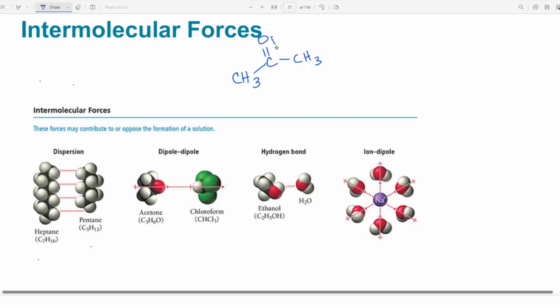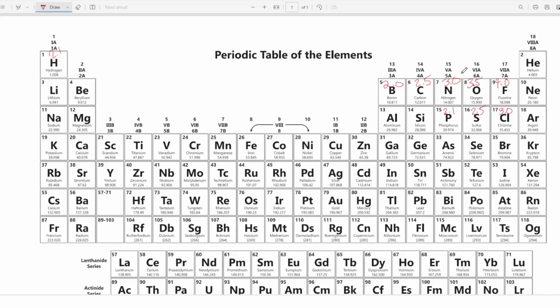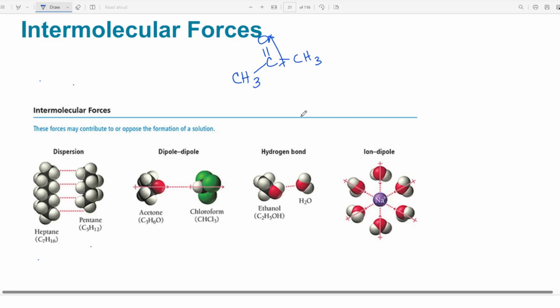The oxygen is withdrawing electron density toward itself because oxygen is the second most electronegative element on the periodic table next to fluorine, and that results in acetone having a partial positive end and a partial negative end. So if you line acetone molecules up with each other, we have a partial positive end and a partial negative end.